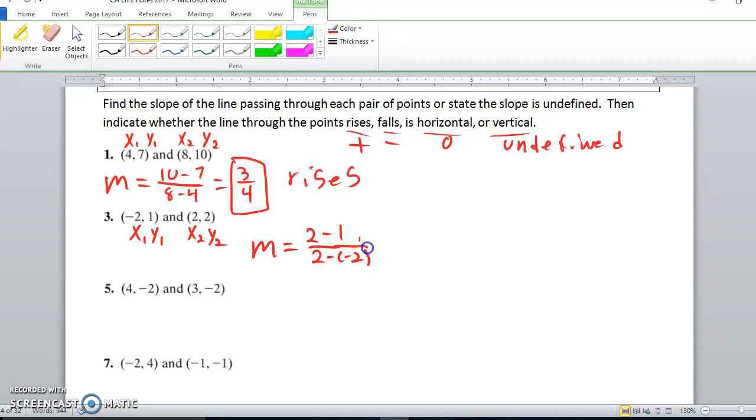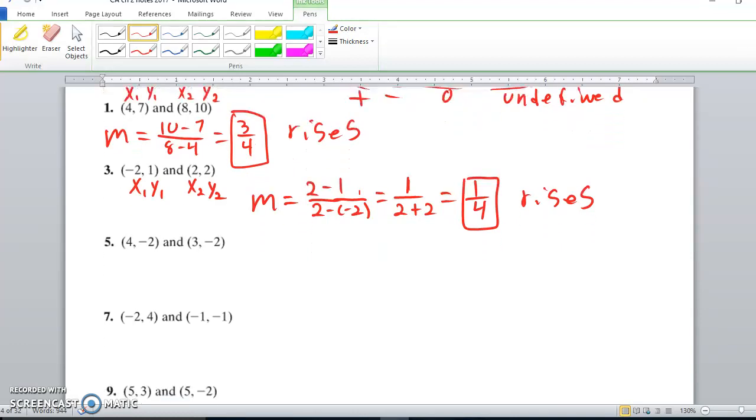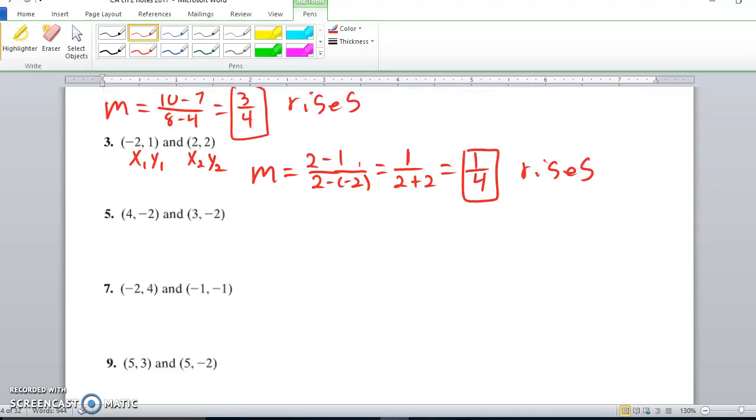So on bottom, we're actually going to have double negatives. On top, 2 minus 1 is just 1. And then on bottom, we're actually going to get 2 plus 2. So we end up getting 1/4. Well, still positive, so we're going to go ahead and put that as rises. All right, so there's those first two. Let's try the next couple.